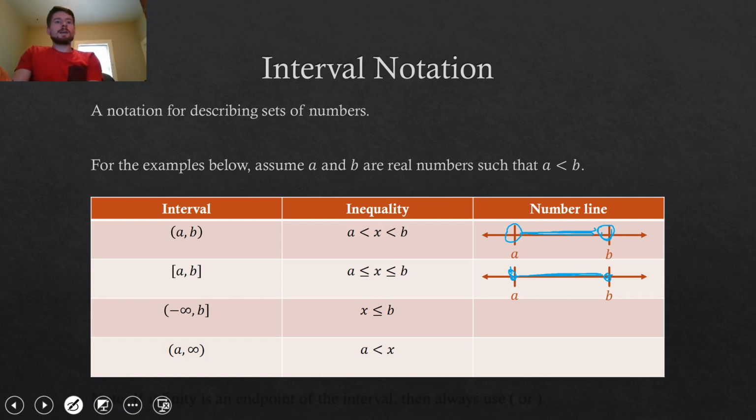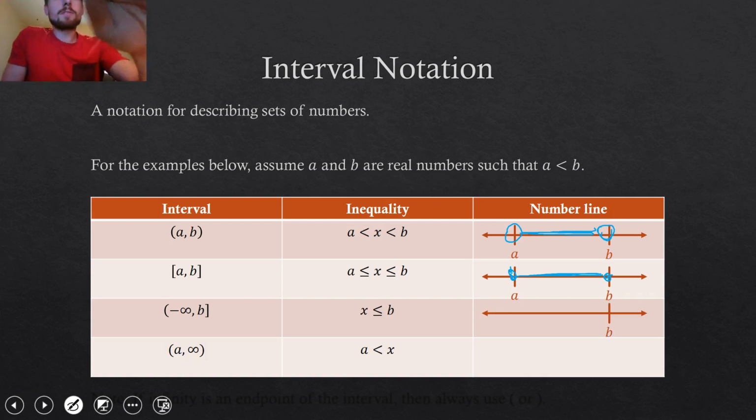And what if you've got an inequality where it goes on forever? For example, all the things that are less than or equal to some number, then you'll use negative infinity as the left side of the interval and B, or whatever value you're going up to, as the right side. And remember, the bracket means or equal to. So this would be all the stuff from B, including B, and then everything to the left.